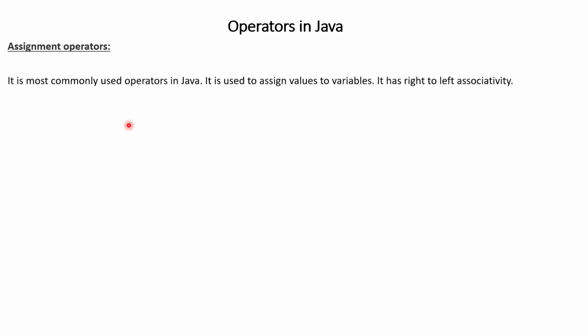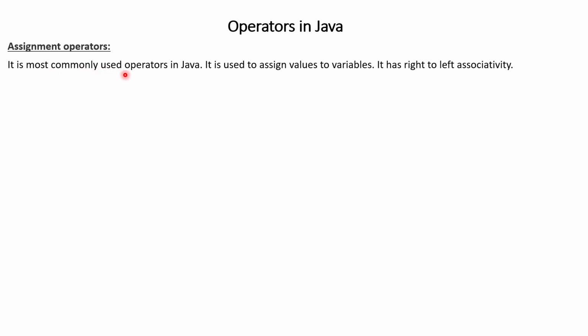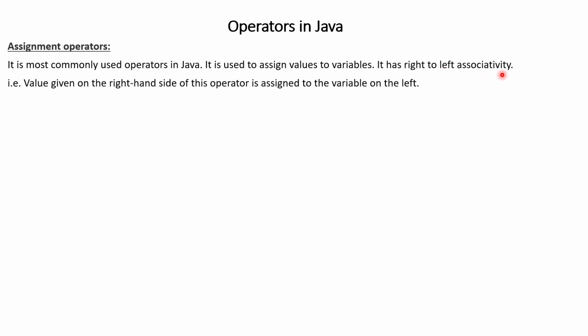First we have the assignment operator. It is the most commonly used operator in Java. It is used to assign values to a variable. This operator has right to left associativity. So when I say right to left associativity, it means the value given on the right hand side of this operator is assigned to the variable on the left hand side.